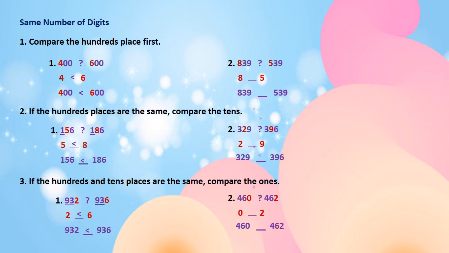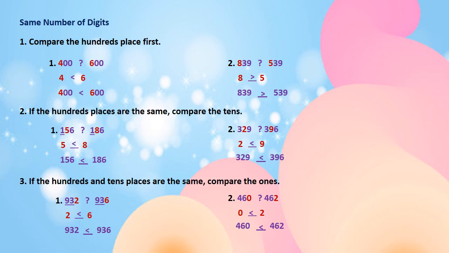So children, here are your answers. In the first sum, you can see that 8 was greater than 5. So 839 is greater than 539. In the second sum, 9 is greater than 2. So 396 is greater than 329.